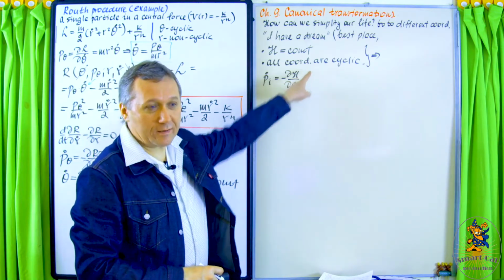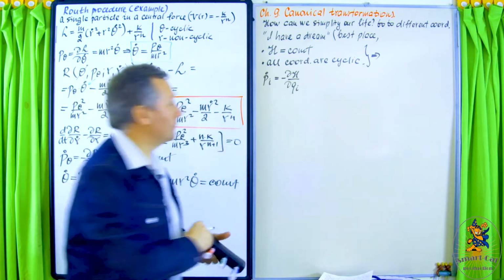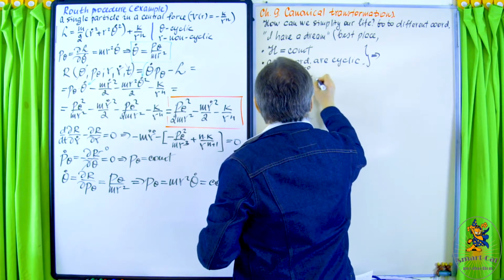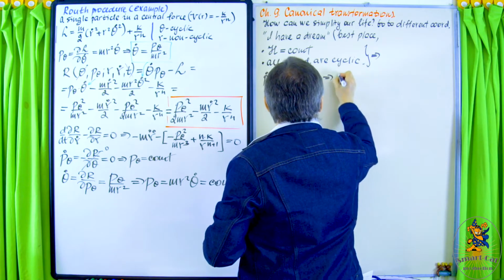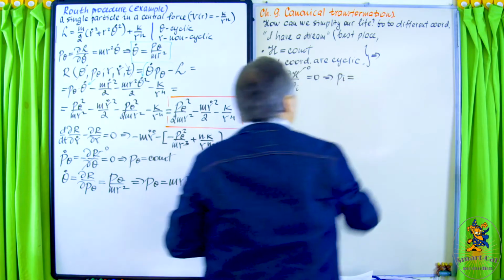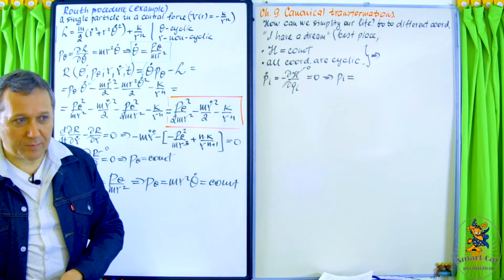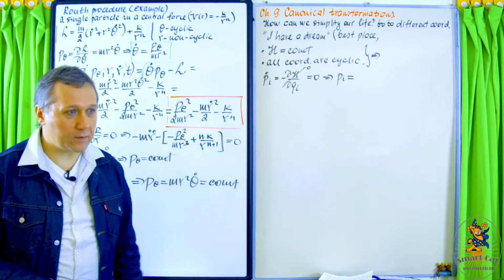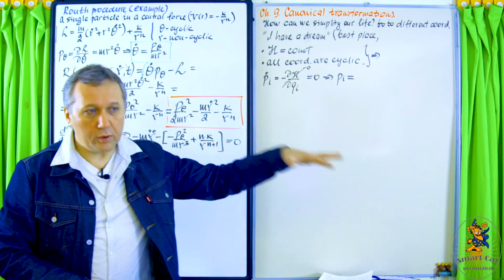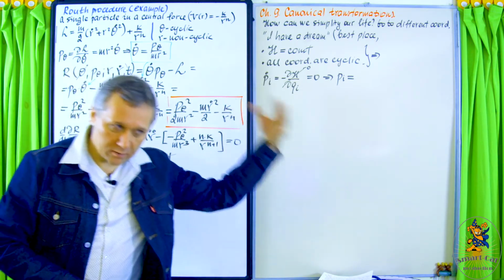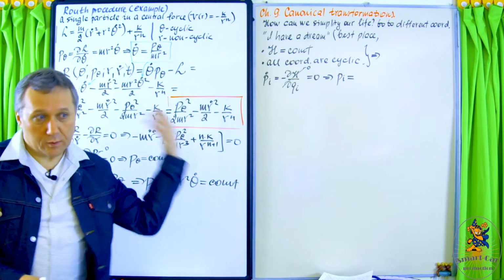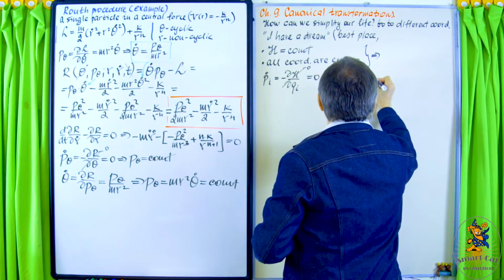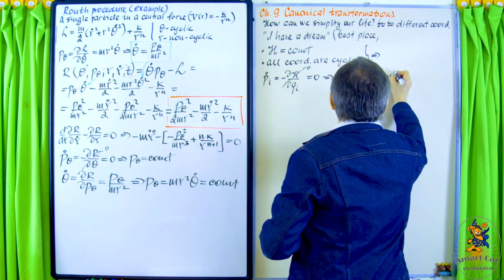All q's are cyclic, so of course this is 0. As a result, all our generalized momenta p_i are constant immediately, angular momenta or linear momenta. Let's call them alpha_i, constant.